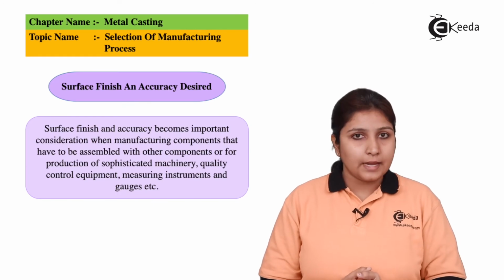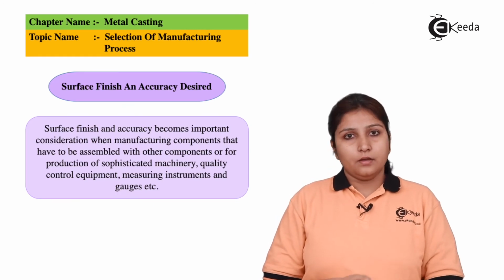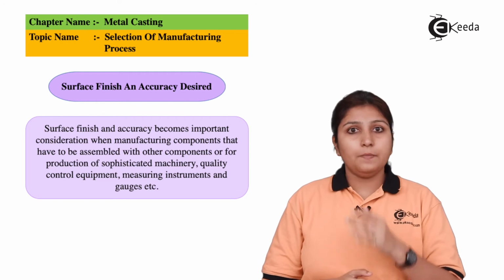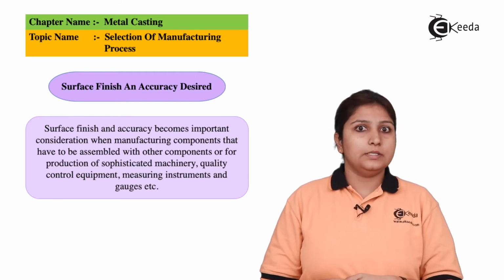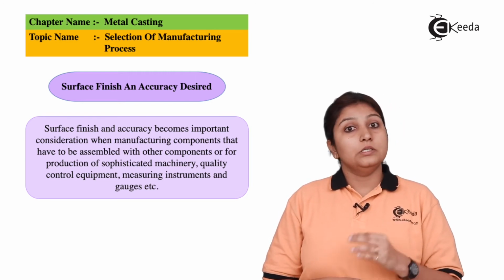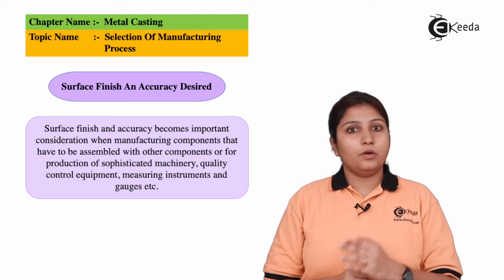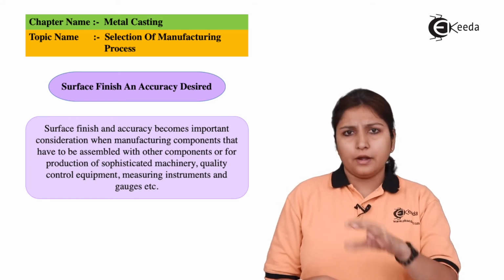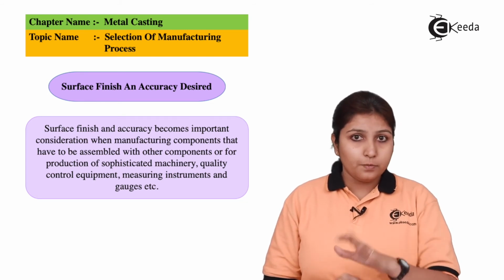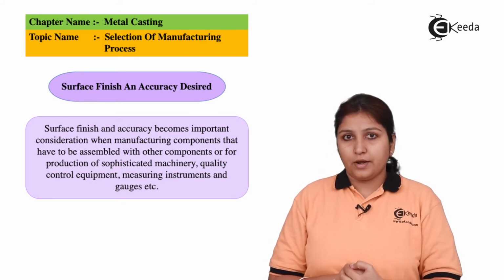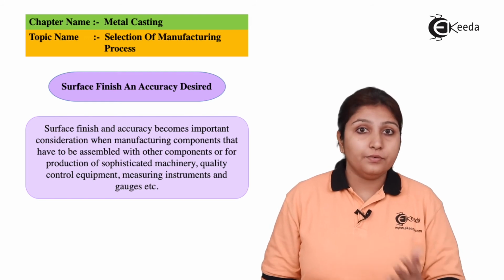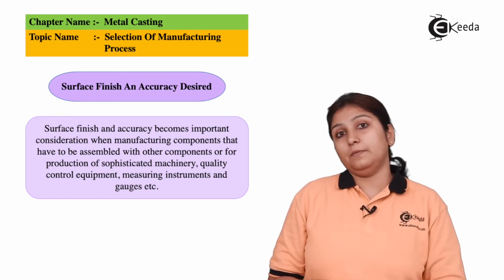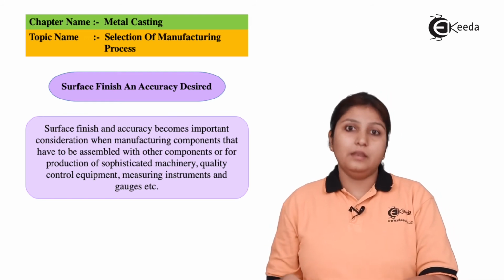Once the function is decided, material is decided, shape is decided, quantity is also decided, then we'll come to surface finish. If the quantity is decided, it means the job is made, n number of jobs are made, 100 jobs, 10 jobs, etc. Then we'll come to the surface finish criteria. Surface finish may play an important role, or a medium role, or a negligible role.